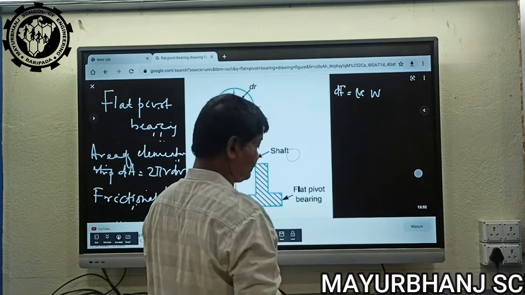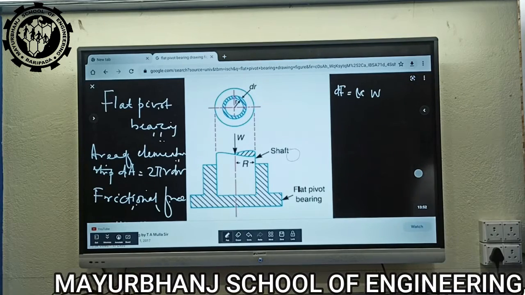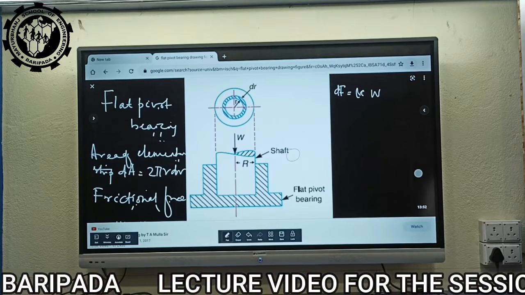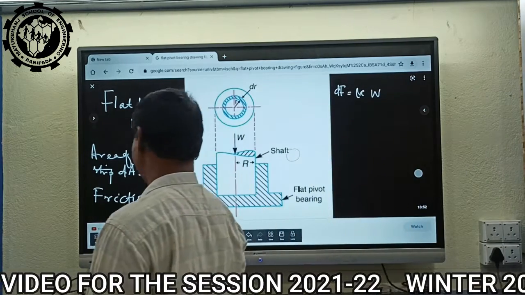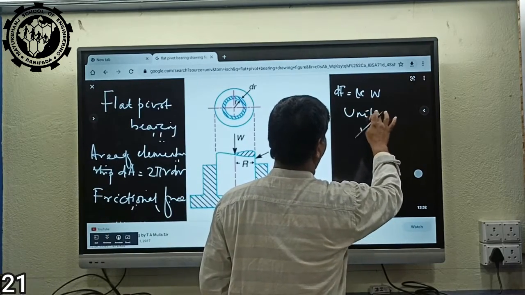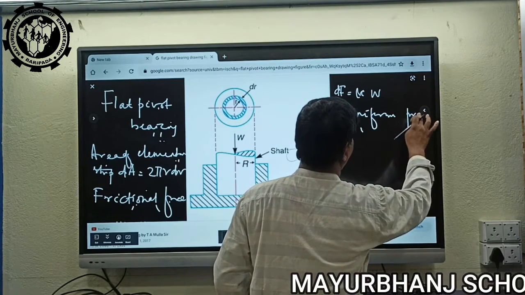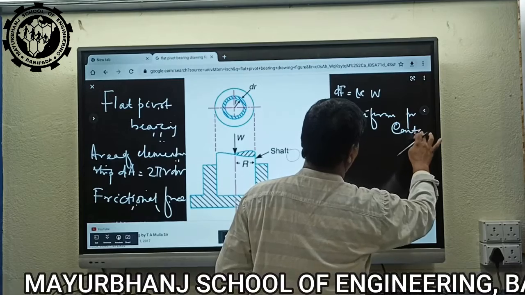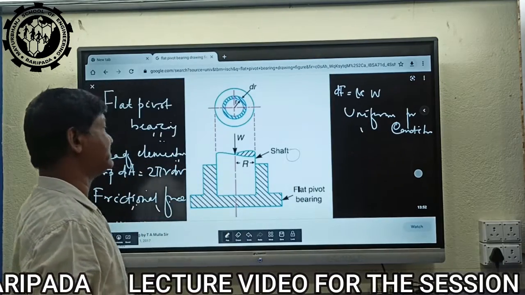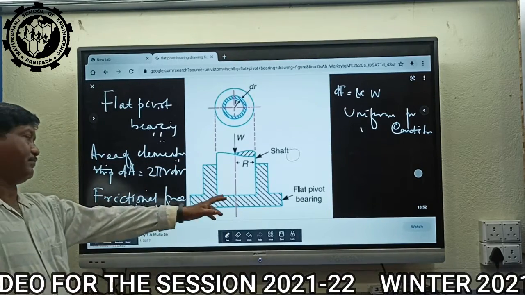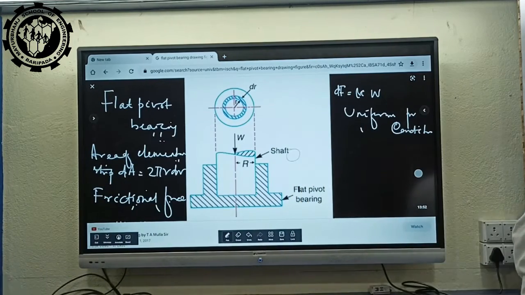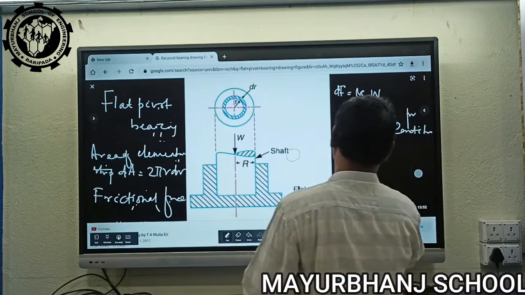There are two types of conditions there. First one is the uniform pressure condition. Second one is the uniform wear condition. First we take the uniform pressure condition. Uniform pressure condition means the bearing is new and the load applied on the bearing surface is uniform.